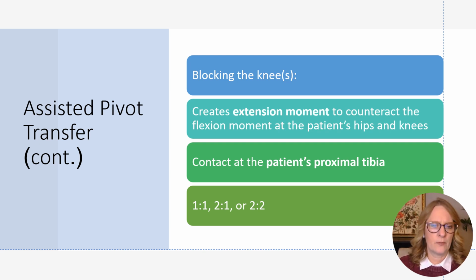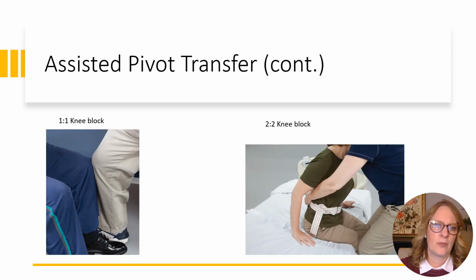So keep in mind that when you're assisting with a transfer, it's okay to get help, and it's also okay for knee blocking to use one knee to their knee, or two of your knees to their one knee, or both of your knees to both of their knees. So there's the one-to-one knee block.